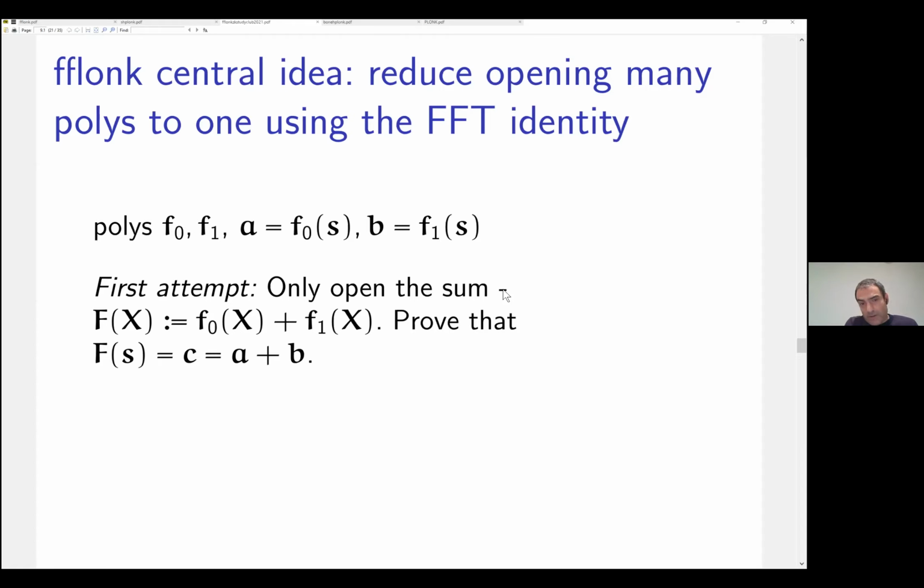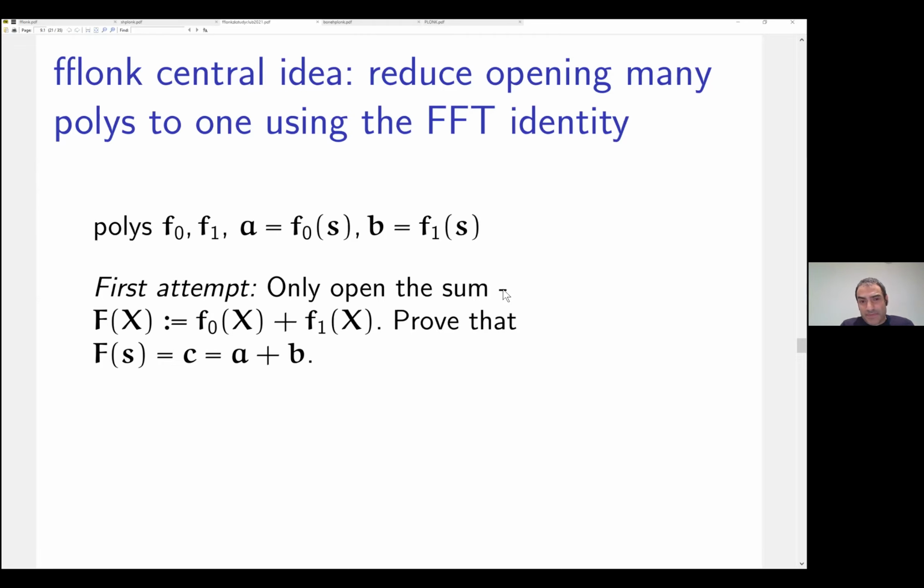Note that if the verifier had commitments to f0 and f1, he can compute the commitment to F by just elliptic curve addition, which is of course much cheaper than the scalar multiplication. So suppose we did that, and now we used KZG to prove that F of S is equal to A plus B. So is this good?